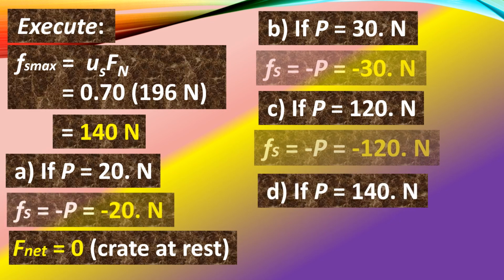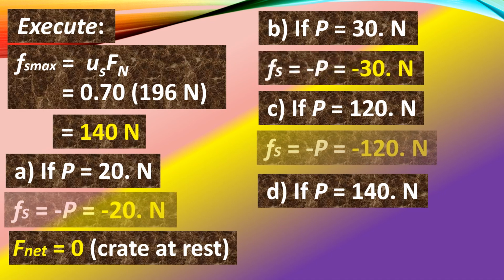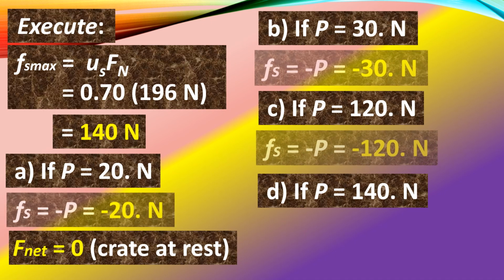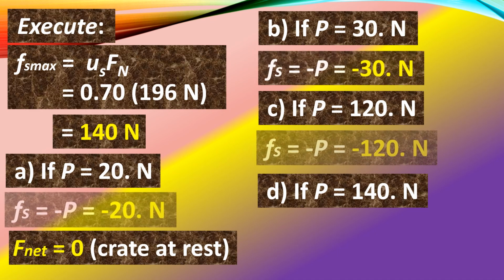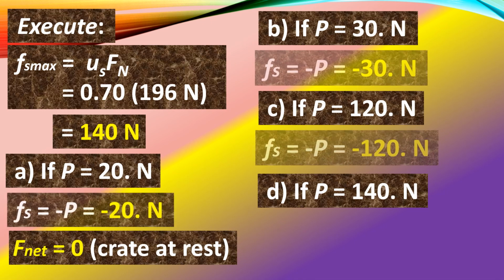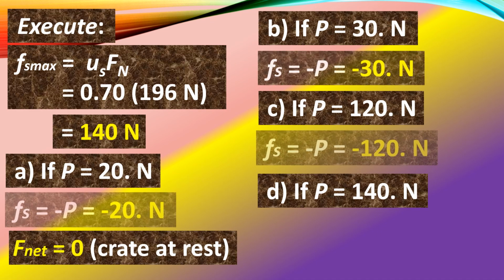Now for case letter D, the applied force capital P is now exactly equal to the maximum static friction, which is 140 newtons. And the question is, what is the force of friction acting on the crate if the applied force P is exactly equal to 140 newtons, which happens to be the maximum static friction?